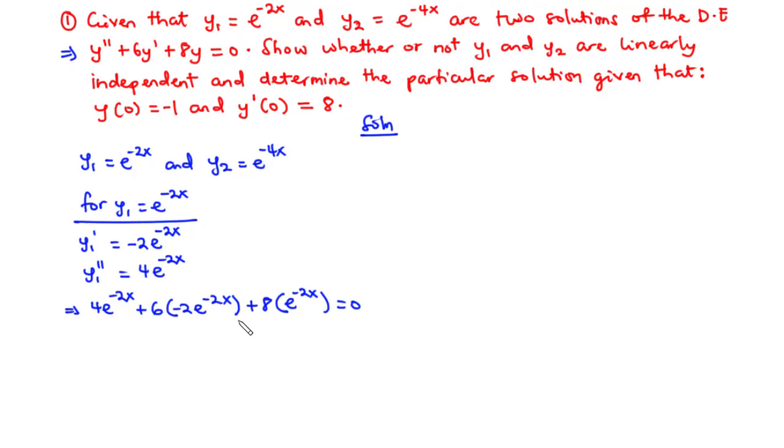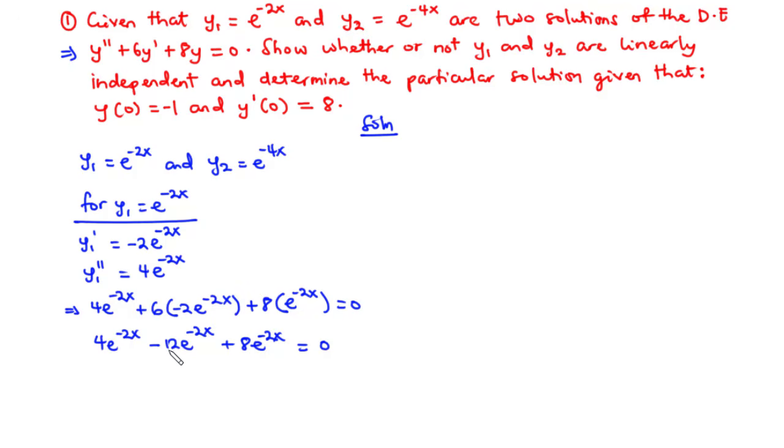Then we expand. So we have 4 e to the power negative 2x, this becomes negative 12 e to the power negative 2x, and then plus 8 e to the power negative 2x. Since e to the power negative 2x is common to each of the terms, we can add their constants up.